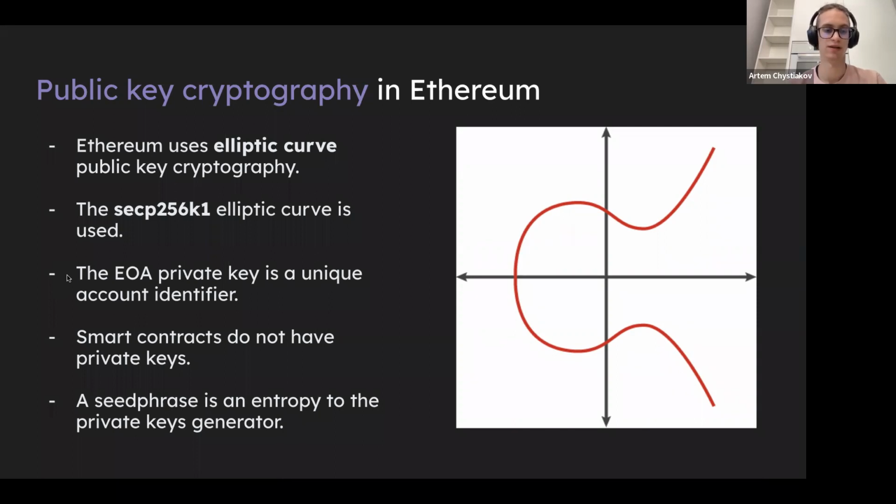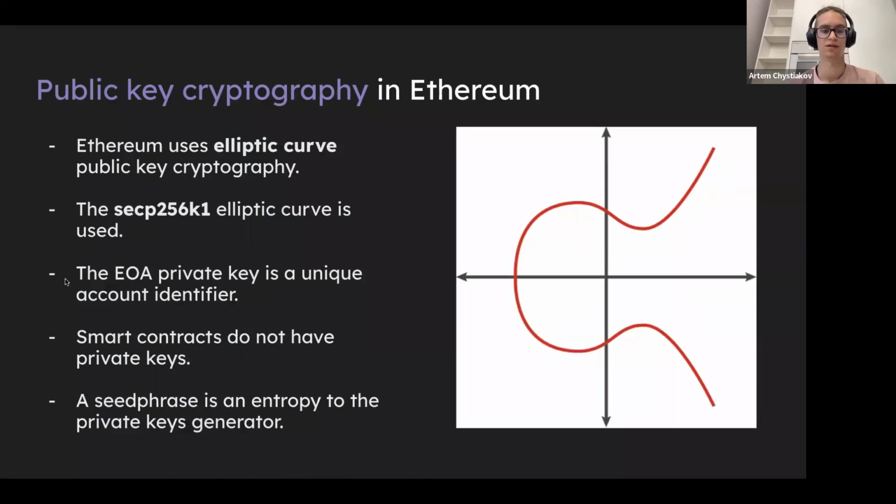And when, for example, the user sends a transaction, we'll talk about it a couple of slides later, this transaction gets signed by a special signature algorithm using this private key.